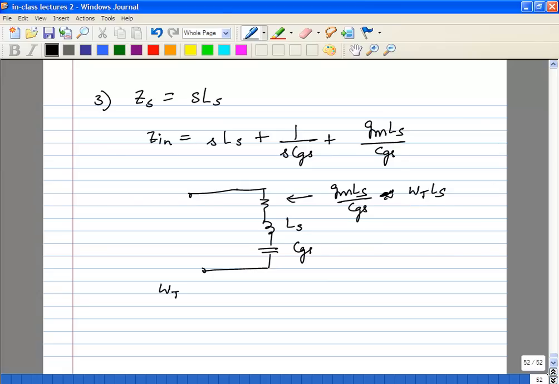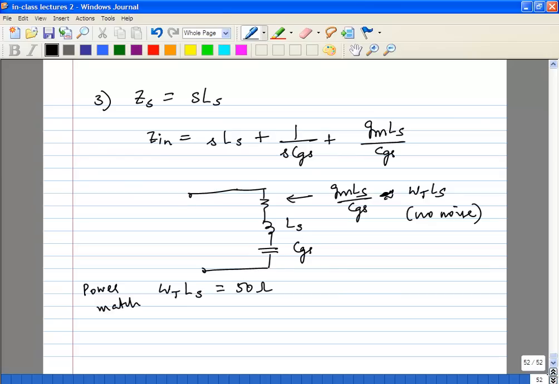So what you're going to do is, for power match, set omega t Ls equal to 50 ohms. Now let's calculate the other things.